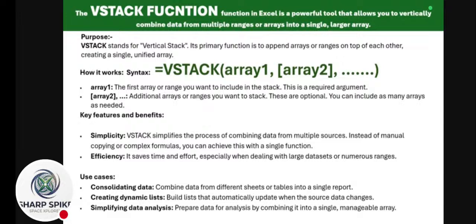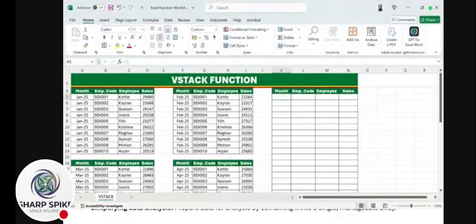So let's move on to Excel. Here we have four different tables: January month sales, February month sales, March and April, and we need to combine all four tables into one.